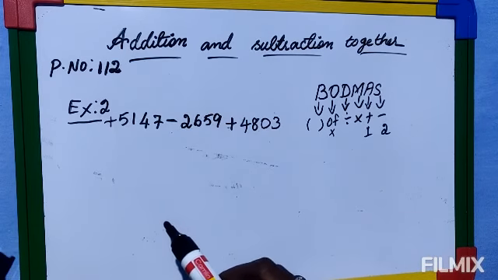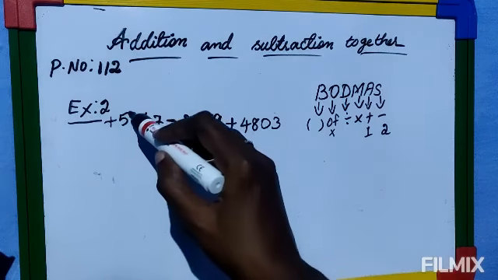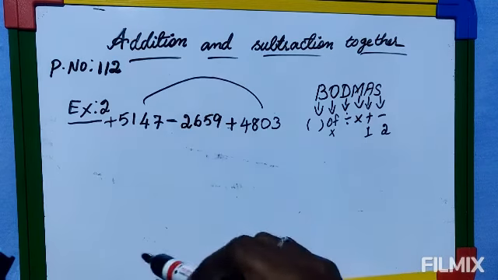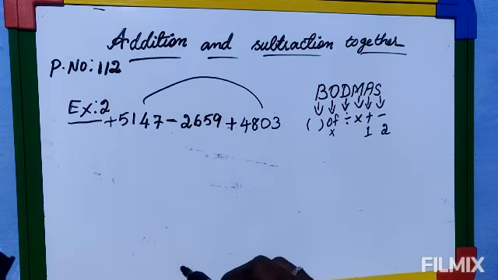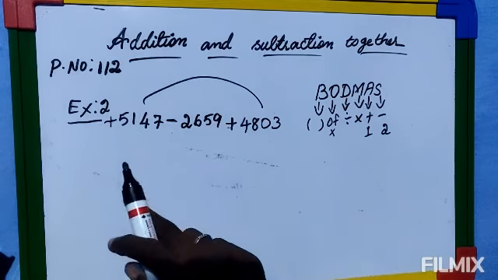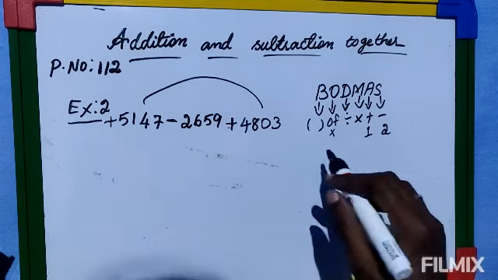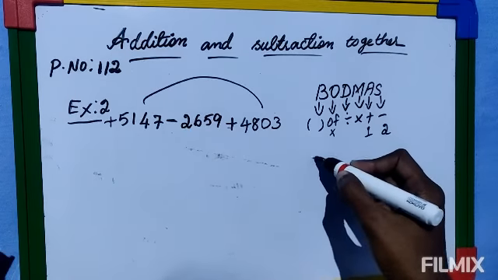Now the numbers which have plus, only those you have to do first. These two have plus, so these two you have to add first. So you have to add the numbers with plus sign or with no sign.